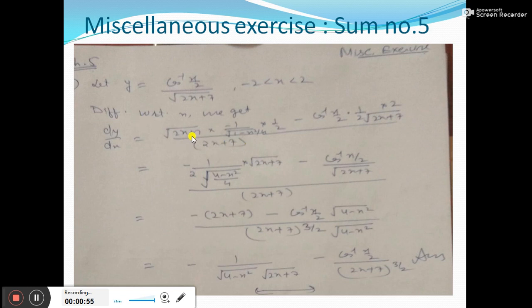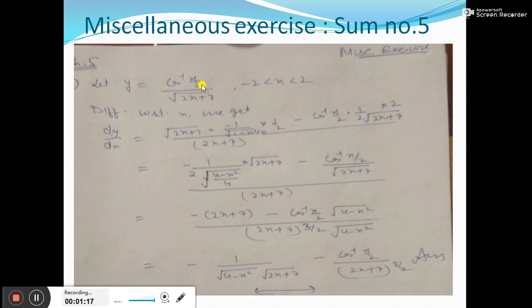In the numerator we have root of 2x plus 7 into the derivative of cos inverse x by 2, that is minus 1 upon root of 1 minus x square by 4, into the derivative of x by 2.